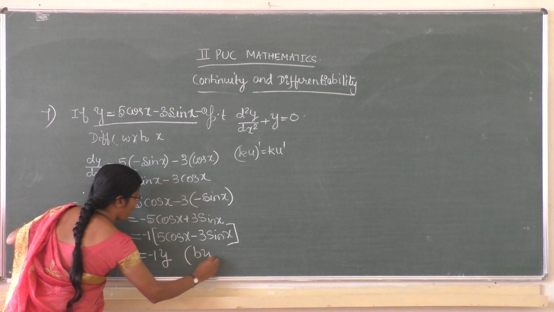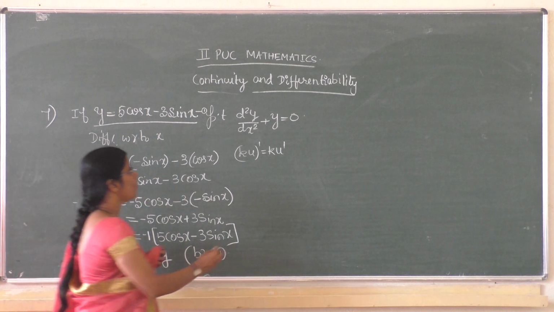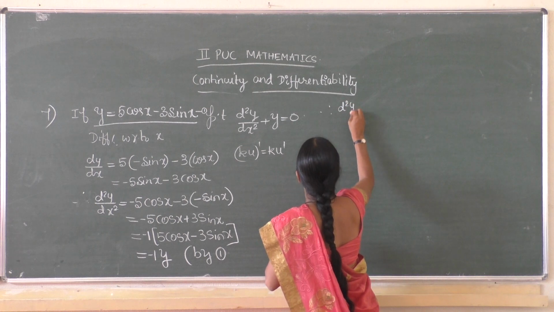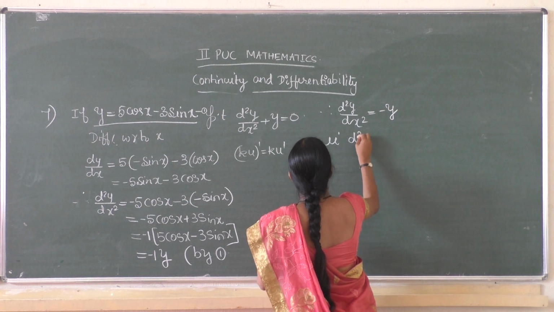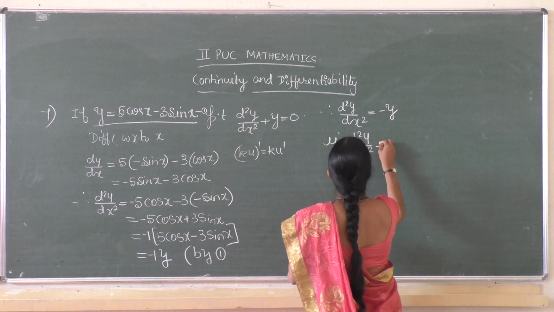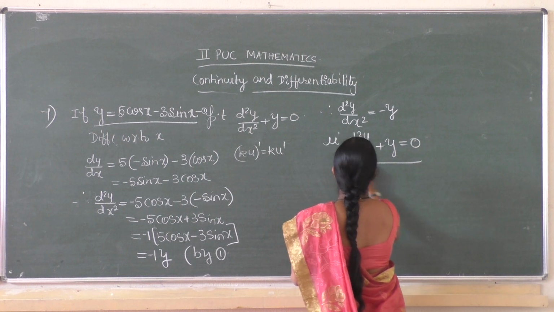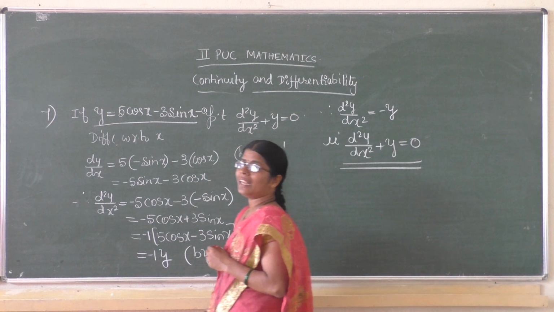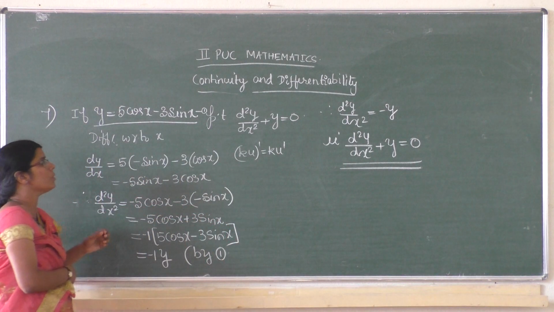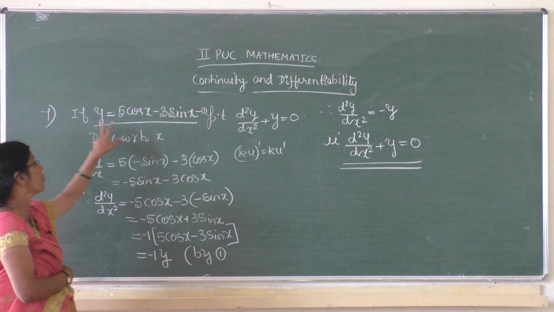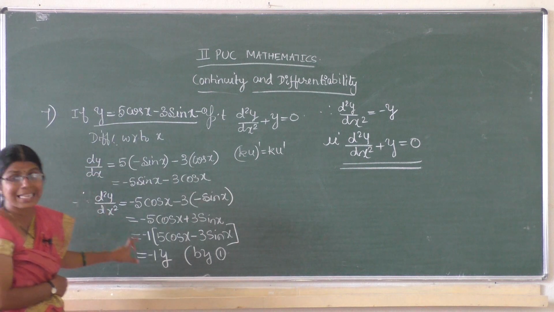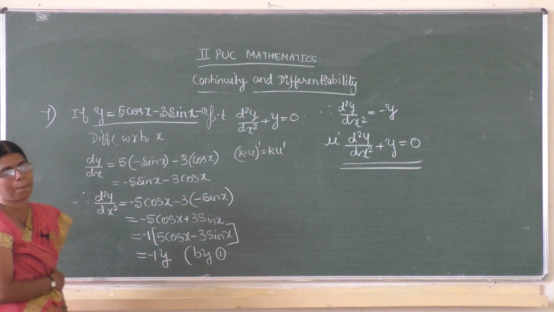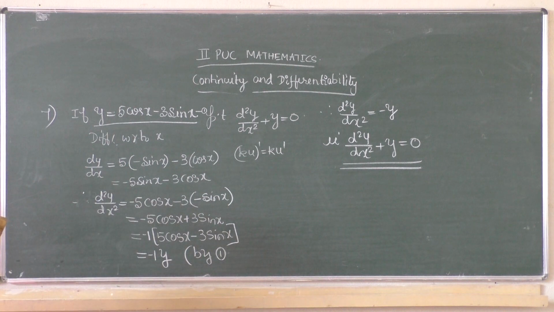Therefore d square y by dx square is equal to minus y, that means d square y by dx square plus y equal to 0, which is given there. So whenever we have y equal to 5 cos x minus 3 sin x, we get d square y by dx square plus y equal to 0. So this is how we get this equation.